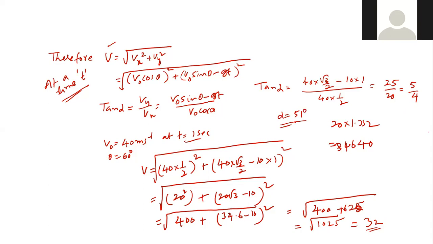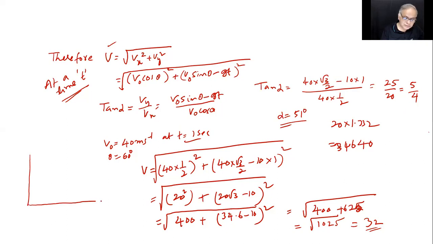Now, why I want these angles, I'll tell you now. Look at this. The question is this. We throw a body with a certain velocity, 40, and a certain angle, 60 here. It is going like that. After 1 second, what happened, you know?